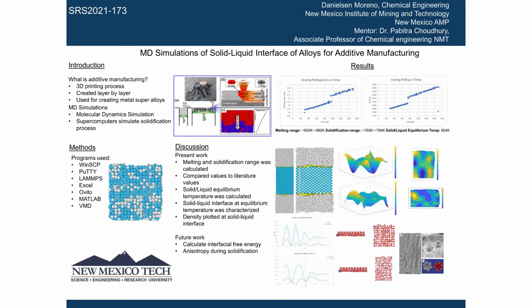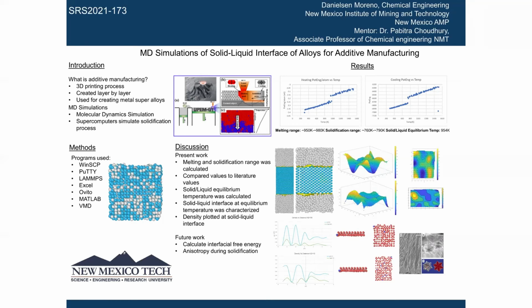So that's where the solid liquid interface exists. And with that information, I can get a stiffness tensor, and then I can calculate the interfacial free energy at the solid liquid interface. And then another thing that I did was a density profile.